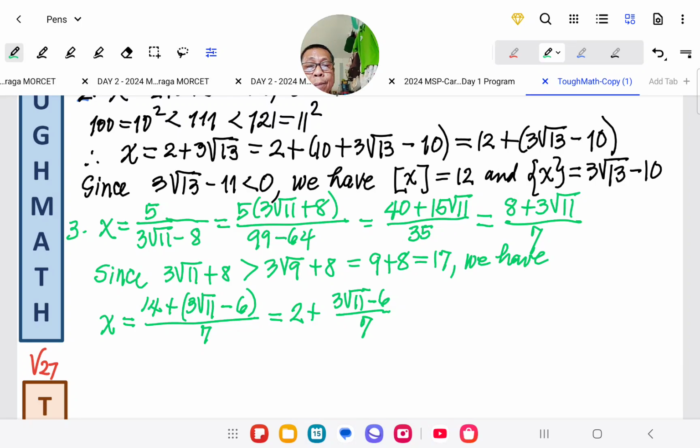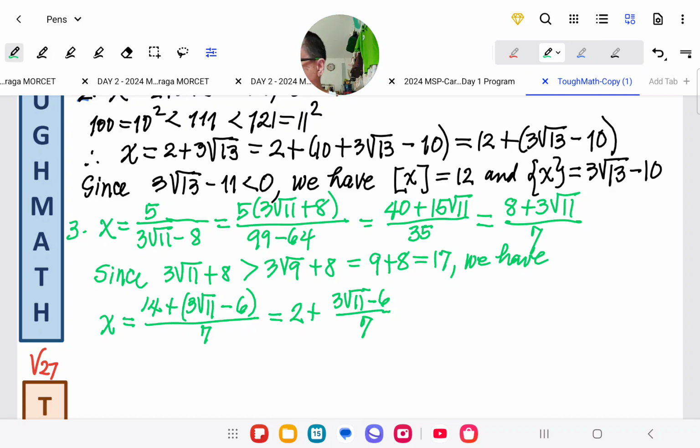And again, 3 times the square root of 11 minus 6 over 7 must be less than 1. Otherwise, the greatest integer value of x would not be 2.